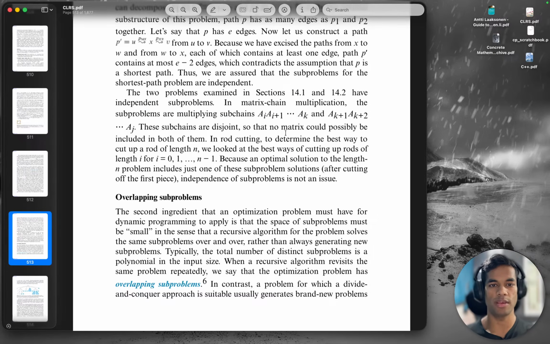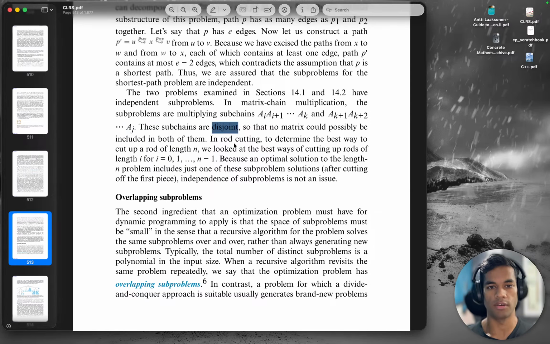We are not using the same matrices in the subproblems. The total set of matrices that we have in those subproblems is literally independent. In matrix chain multiplication, the subproblems are multiplying chains a1 to ak, and then ak plus 1 to aj. These subchains are disjoint.